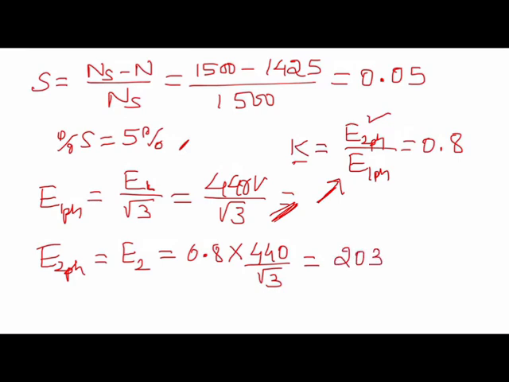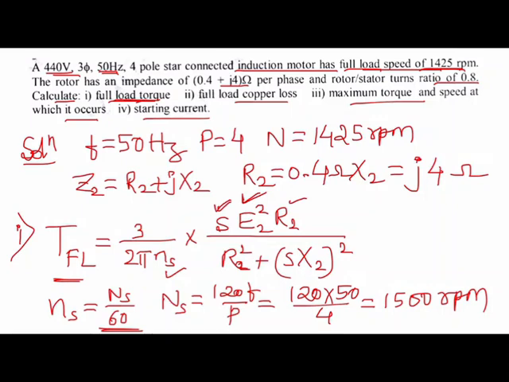Upon calculating, you will get this as 203.227 volts. So this is the E2. So now we have calculated the E2, slip, Ns, R2 is given, X2 is also given.